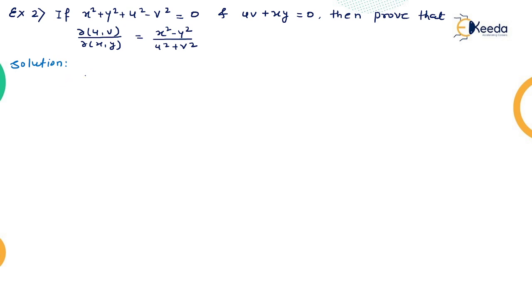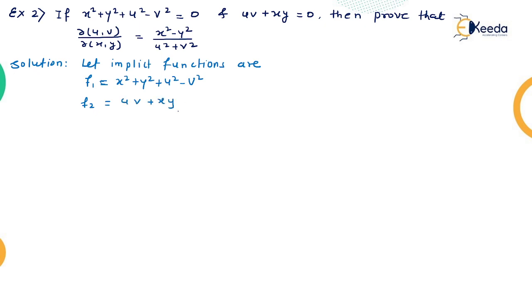Let the implicit functions be f1, which is x² plus y² plus u² minus v², and f2, which is uv plus xy.